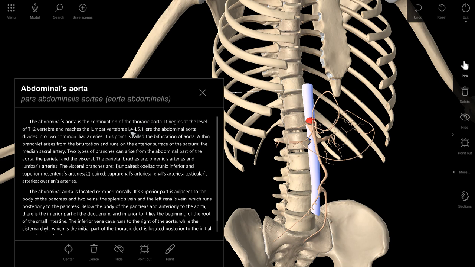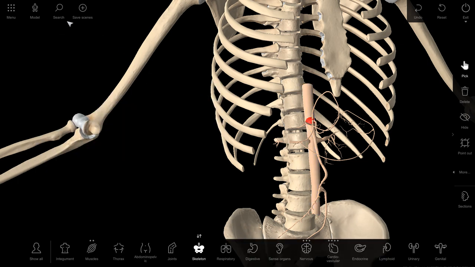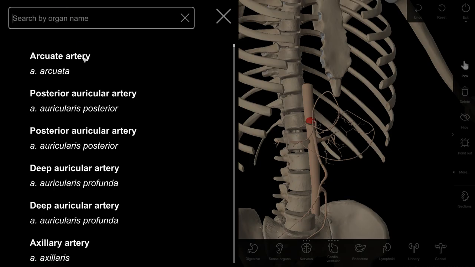Here, at the level of 4th or 5th lumbar vertebra, the abdominal aorta divides into two common iliac arteries. This point is called the bifurcation of aorta. So, let us do it.